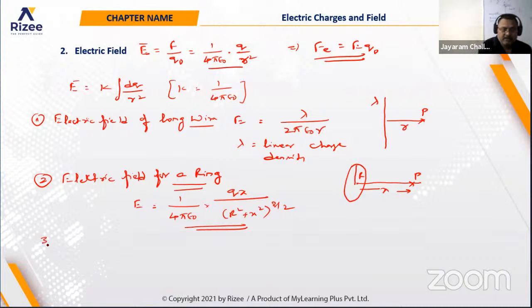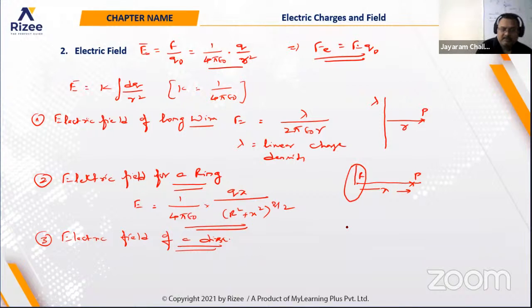Next one, third one: the electric field of a disk. The electric field of the disk can be shown with the same sort of diagram along the axis.